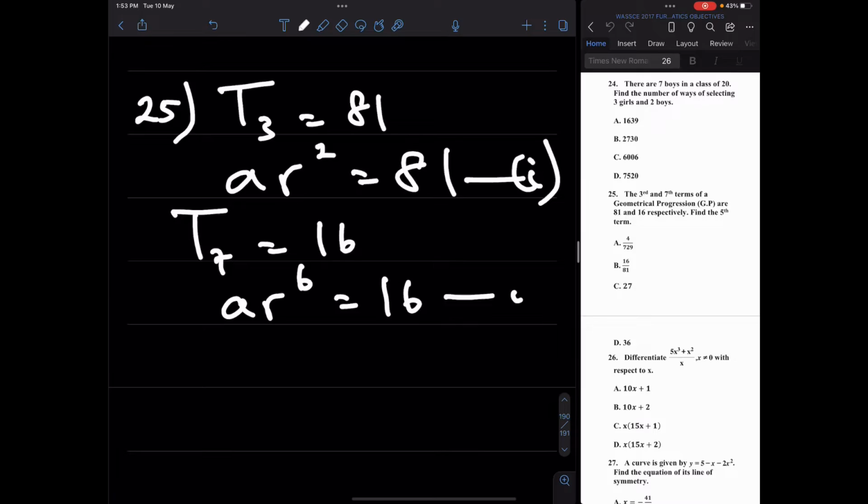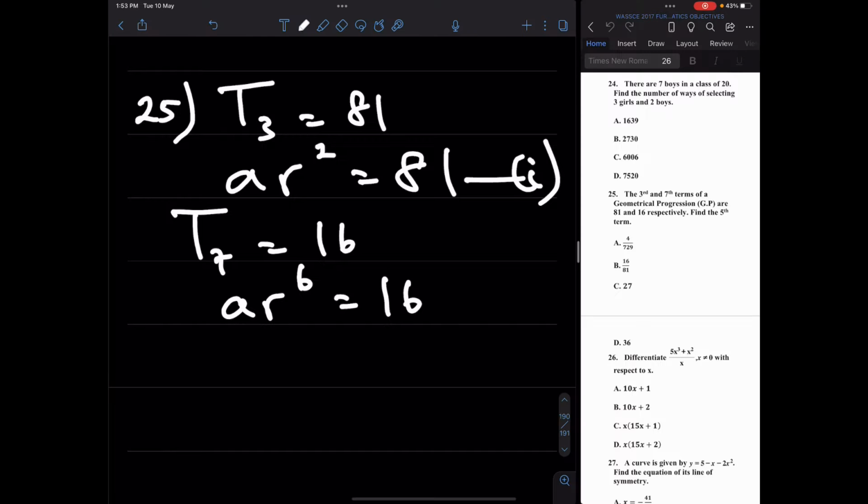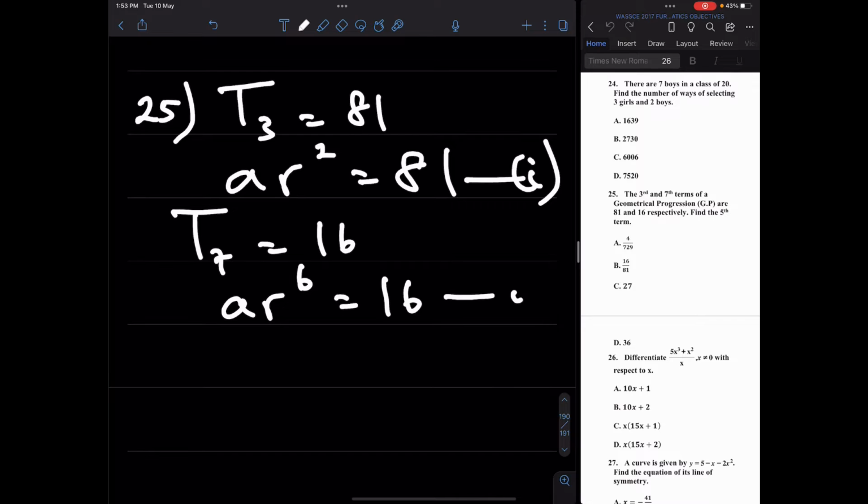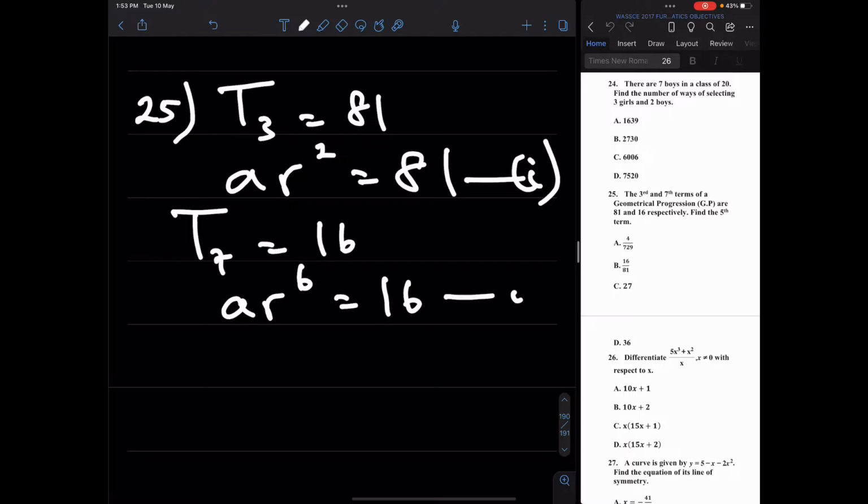That simply means dy dx. If y is that, I can simplify the fraction. That simply means 5x cubed over x plus x squared over x, and that's 5x squared plus x.